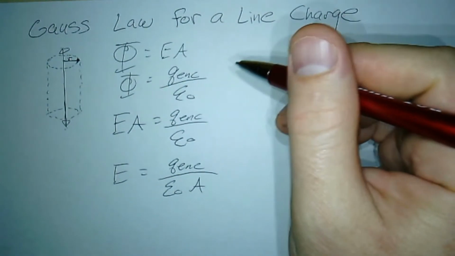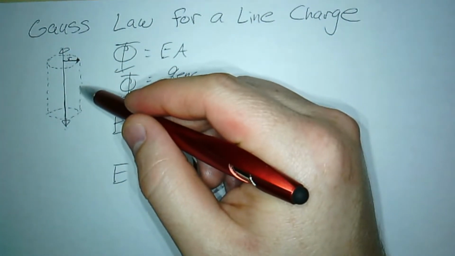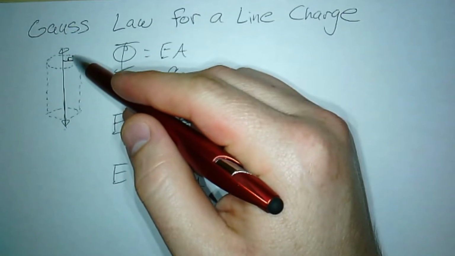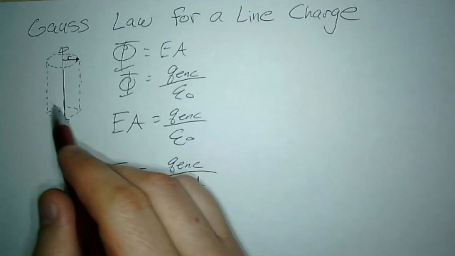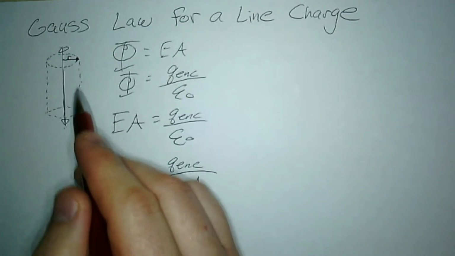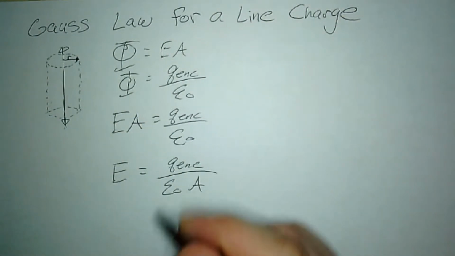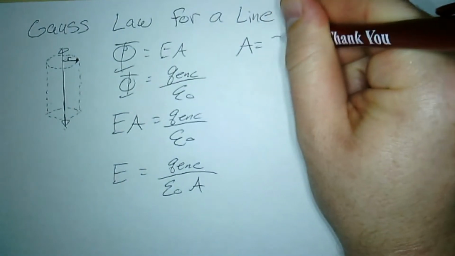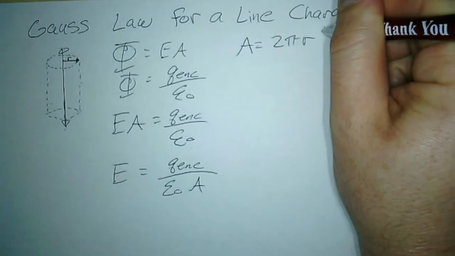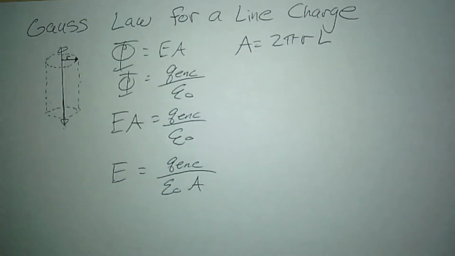So what's the surface area of the cylinder, once again ignoring the end caps? It's going to be the circumference around times the height, or we're going to call it length. So let's write up here, area is equal to 2 pi r times the length, right?